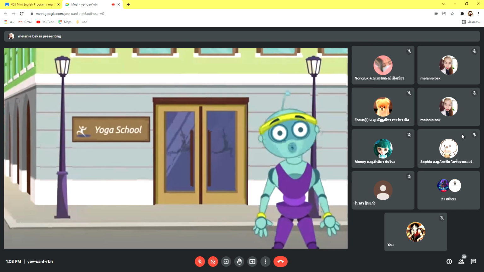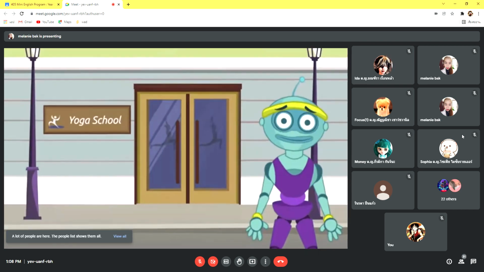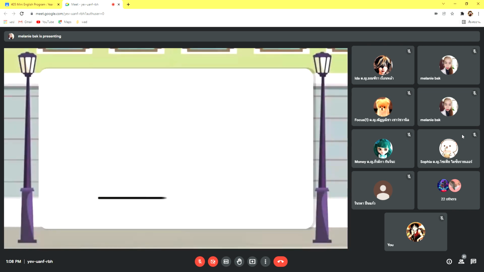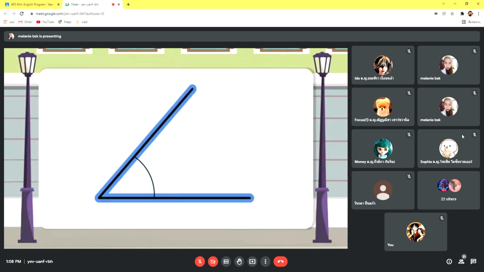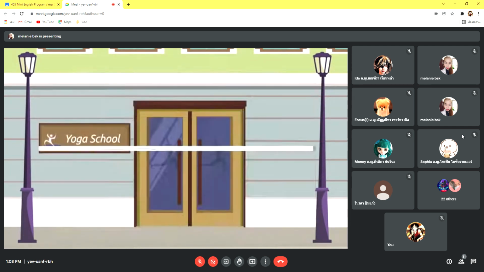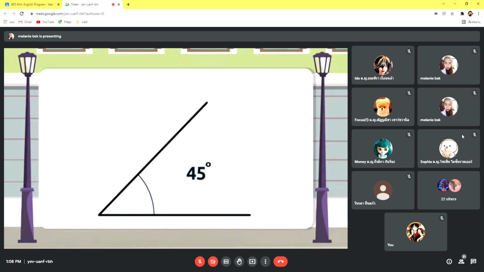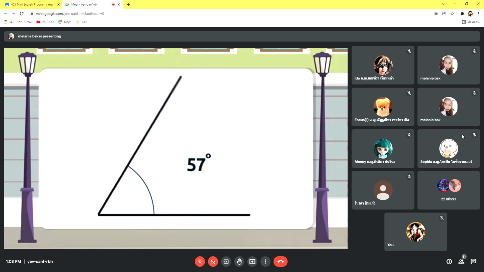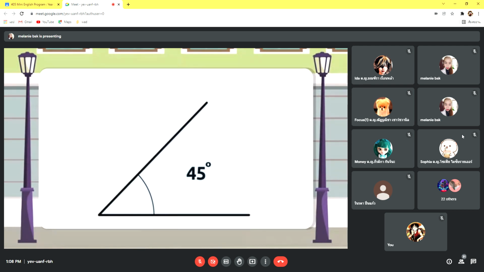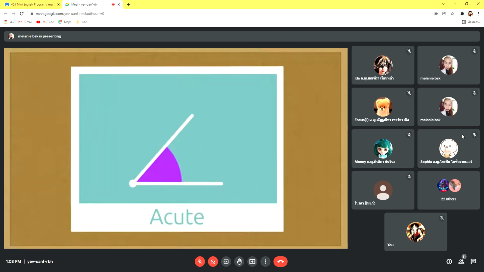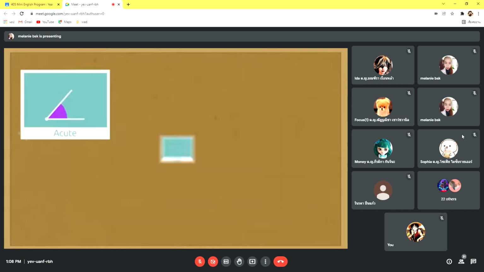Have you seen how many angles I can bend my body into? Even though today is not my day, let's recap what we've learned. An angle is the space between two straight lines that we call segments, and the point where both lines meet is called the vertex. To classify angles, we measure their opening. This is measured in degrees. Depending on the angle opening, angles can be acute. They measure less than 90 degrees. Right.